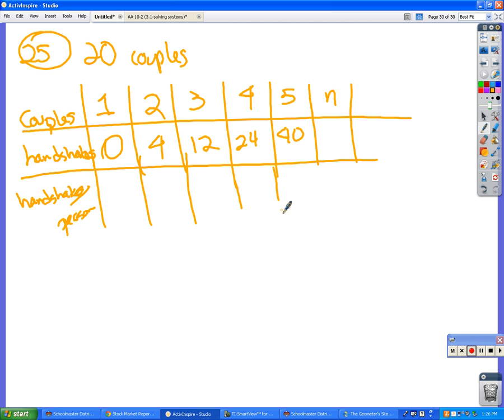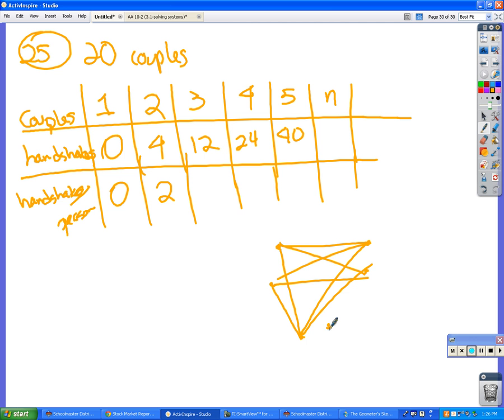Okay, so this one would obviously be 0. Now if I have these 2 couples, how many handshakes does each person engage in? 2. And then if I throw this other couple in here, now each person, because 2 new people showed up, has 4 handshakes to deal with.